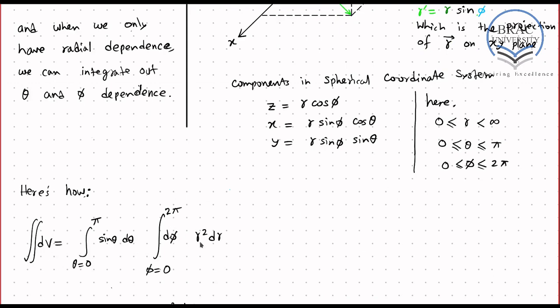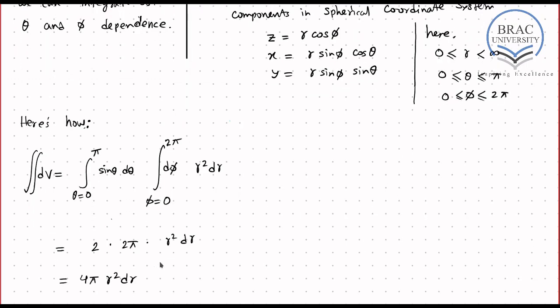If we do this integration, we find that the volume element dV corresponds to 4 pi r squared dr. And that's how you find the volume element using a spherical coordinate system.